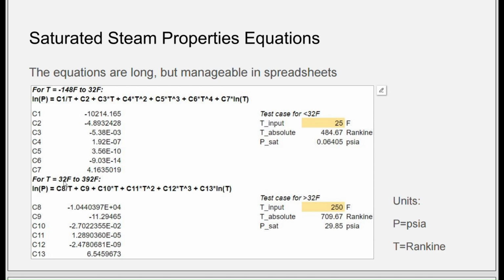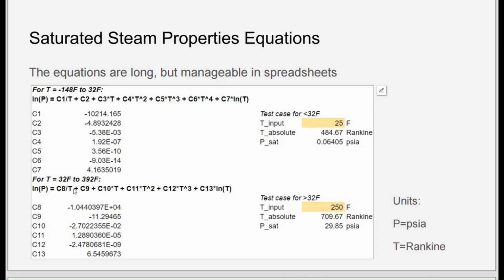Same thing down here. So from 32 up to 392 Fahrenheit, you can apply this equation. Again, this works pretty well above 392. I think ASHRAE just says that this is the range where it's most accurate. Above that temperature, maybe take some caution that you may not be as accurate, but again, I think it works pretty well after cross-checking with steam tables.